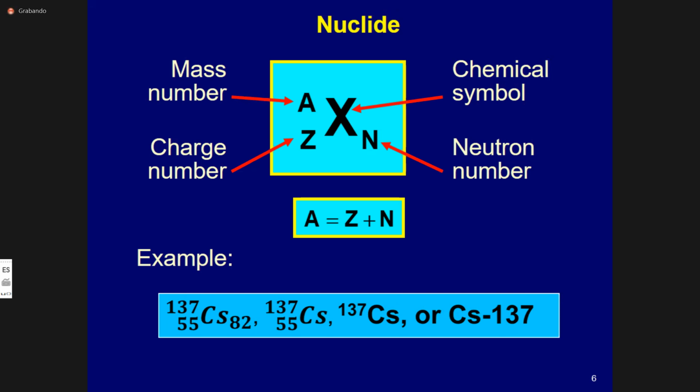The amount of neutrons can be derived, since we have the mass number and the amount of protons. So we can omit N and Z from this notation. The possible representation of cesium will be cesium with 137 as the index on top, or cesium-137. It's normal in practice.